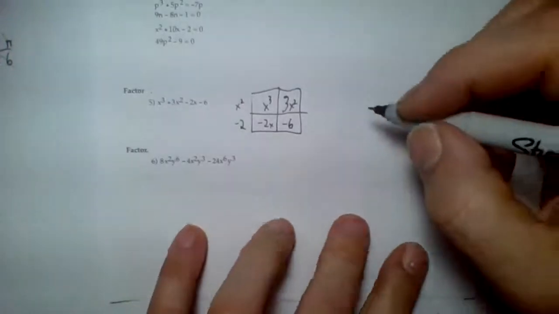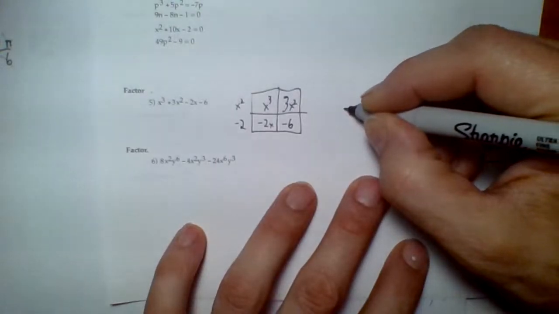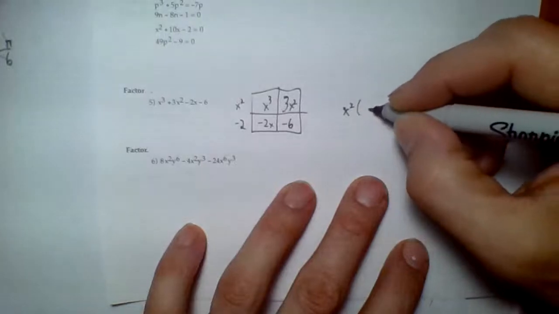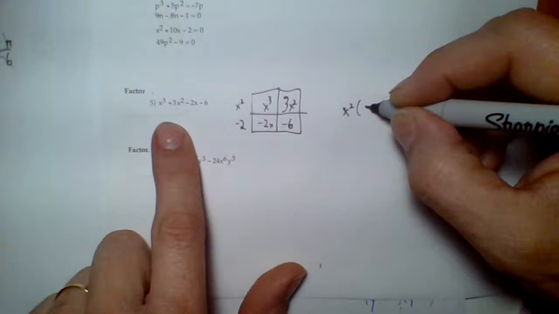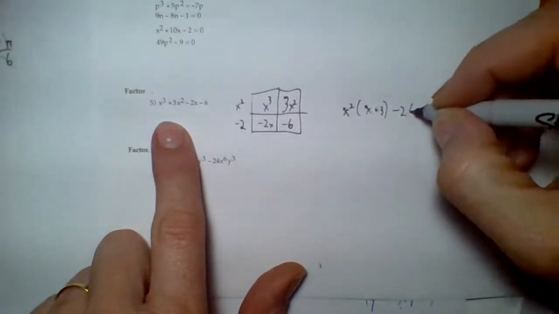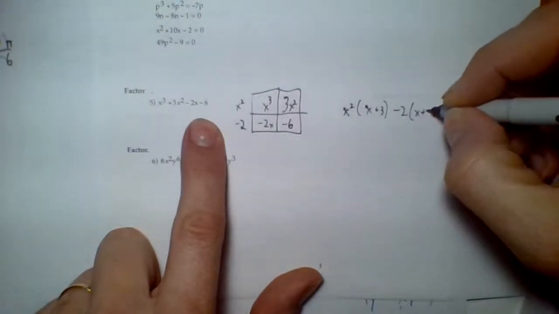Now, if you're into grouping in a long row instead of the box, then you just did the same thing. Probably here you took the x squared out of those first 2 terms and got your x plus 3, and you got a minus 2 out of those 2 terms. That's the common factor there, and you got an x plus 3.